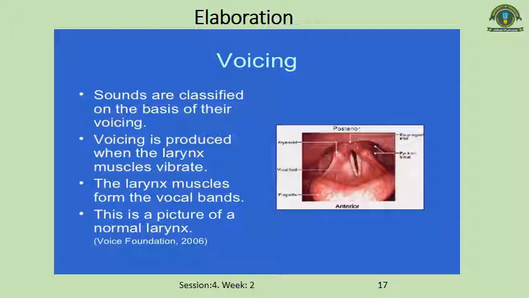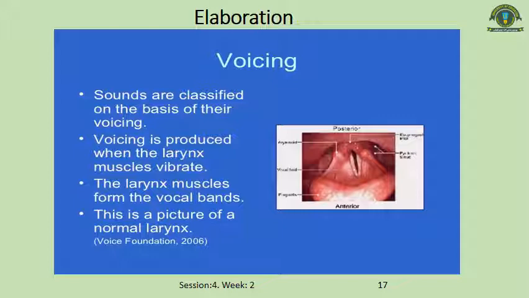I'm not talking about place of articulation, and I'm not referring to the method of articulation, but I am restricting myself only to voicing. Now you can see the picture on your right. That is a picture of a normal larynx.